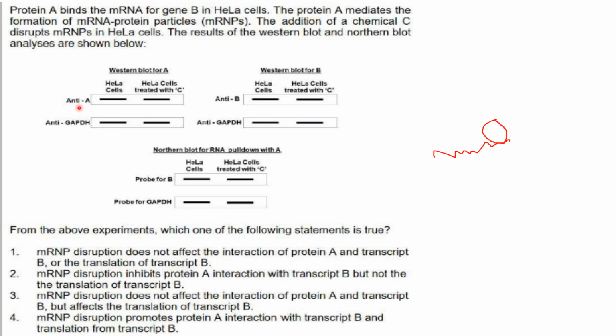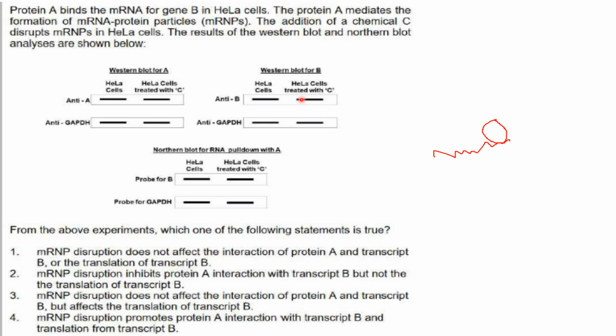Now if you see here, HeLa cells treated with C means the addition of chemical C disrupts mRNPs in the HeLa cell, but here it doesn't disrupt. Even if mRNPs are disrupted, it does not affect the interaction of protein A to the transcript B.